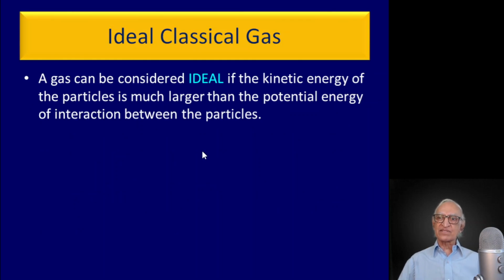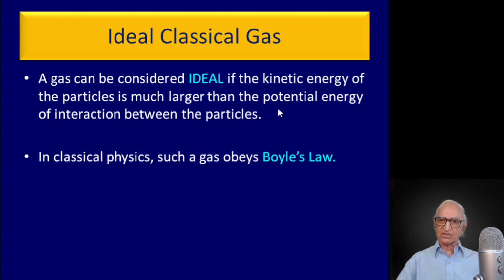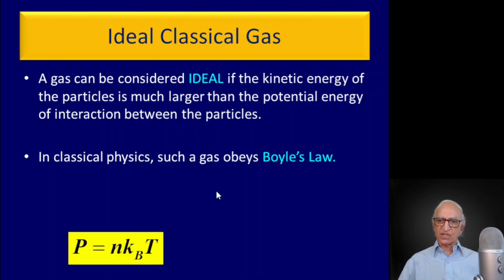A gas can be considered ideal if the kinetic energy of the particles is much larger than the potential energy of interaction between two particles. In classical physics, such an ideal gas obeys Boyle's law. According to Boyle's law, the pressure is given by the simple expression N times Boltzmann's constant multiplied by the temperature, where N is the number of particles per unit volume.